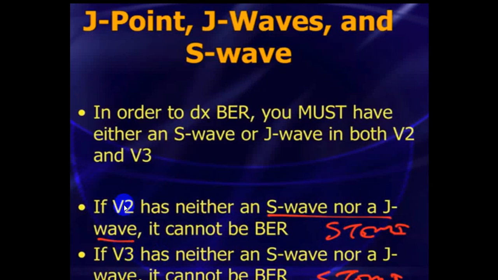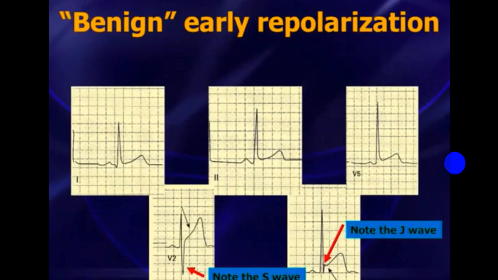In either of these leads, if the S wave is absent or not seen, or there is no J wave, that is, there is no notching, you must suspect STEMI. This is again a very important clue to differentiate benign early repolarization from STEMI.